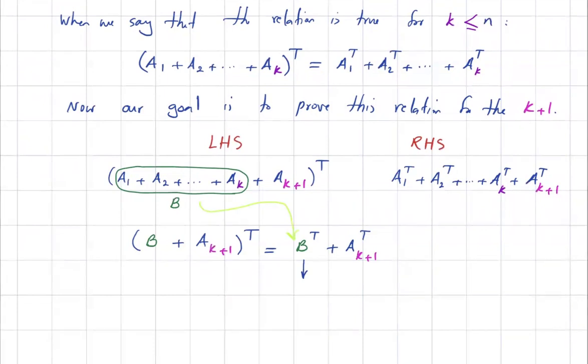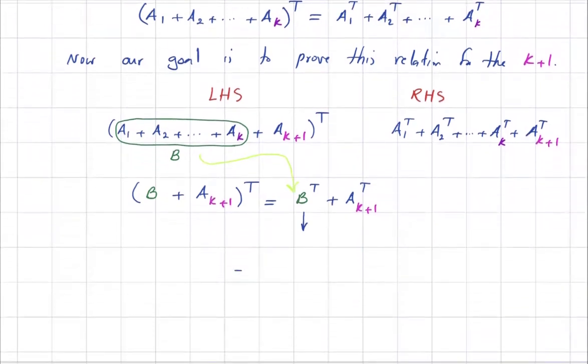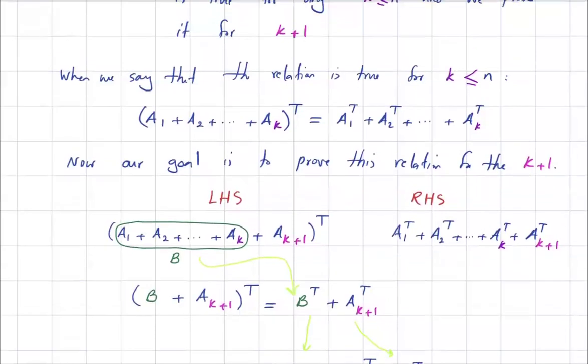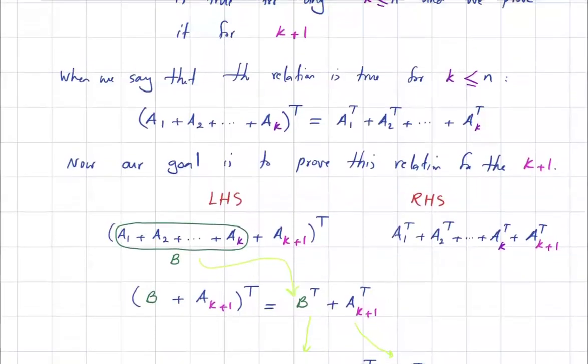You're saying that this is equal to A1 plus A2 plus dot dot dot plus A sub k, transpose, plus, now you just copy down this guy here, A sub k plus 1 transpose. But from the inductive hypothesis, we already know that.